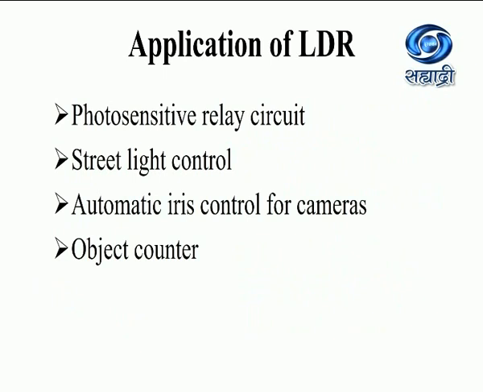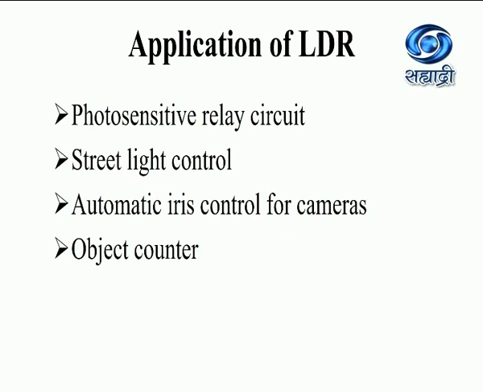Let's see the applications of LDR. The first application of LDR is the photosensitive relay circuit. In this application, the relay is driven by the LDR, that is the photosensitive resistor. Then it is used in street light control also. This is a real-time application of LDR. Then it is used in automatic iris control of cameras.